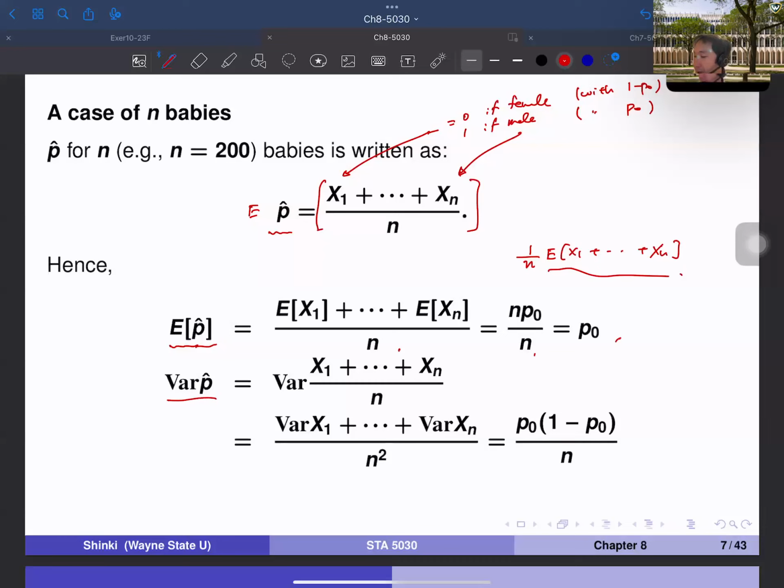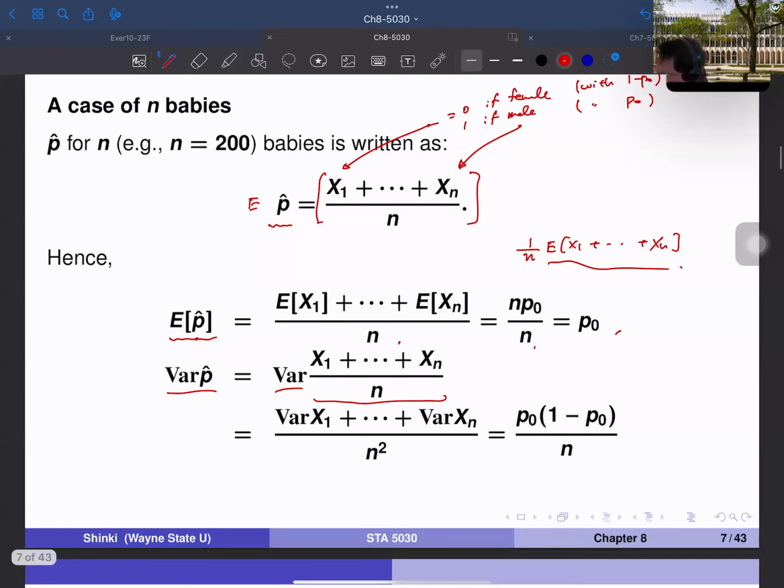So variance of p hat is slightly more complicated. We want to calculate variance of this p hat. The variance has the property that the variance of a times x is equal to a squared times variance of x.